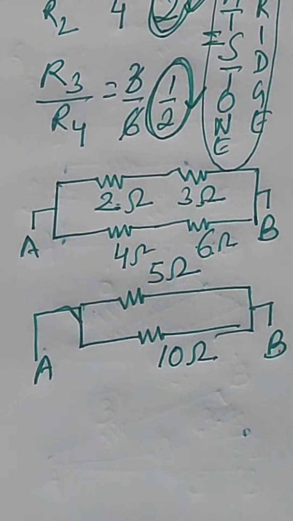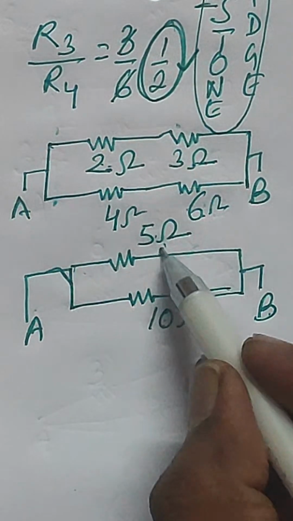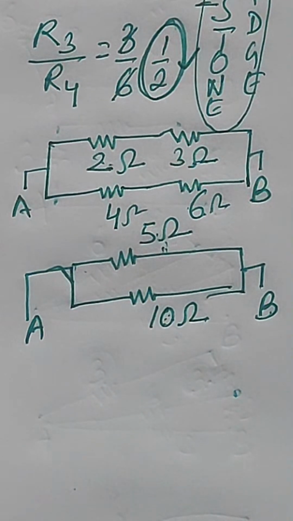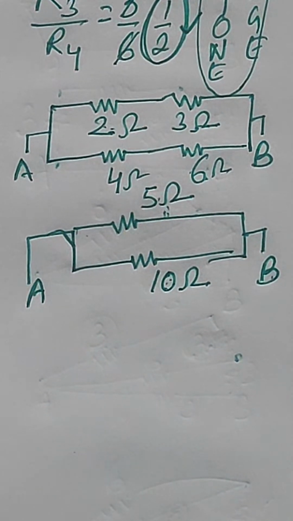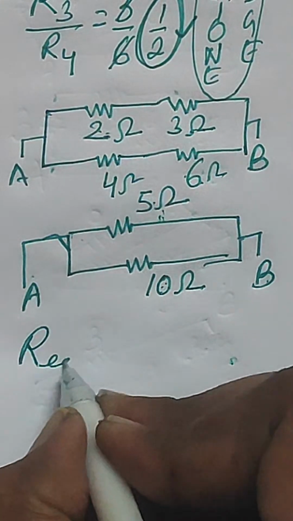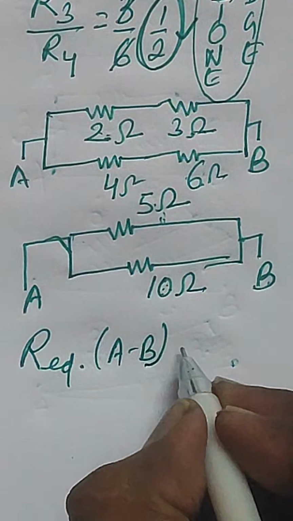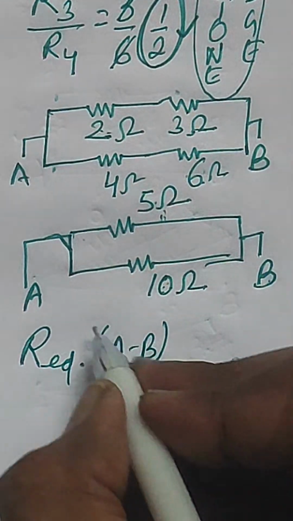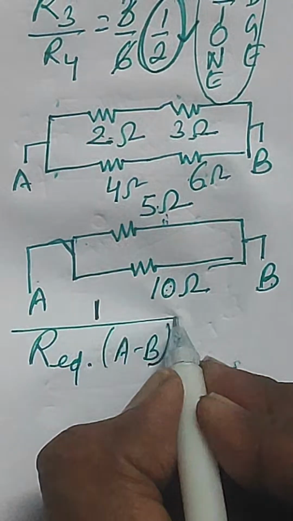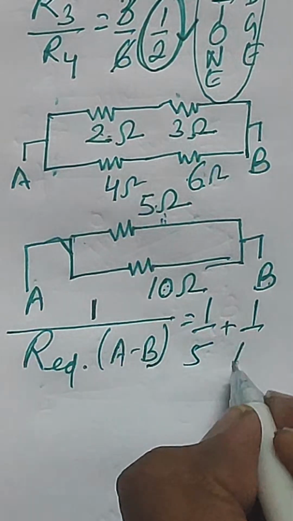Now here you can see 5 and 10 are connected in parallel. When connected in parallel, then what will happen? The equivalent resistance between A and B can be identified as 1 by R equivalent equals 1 by 5 plus 1 by 10.